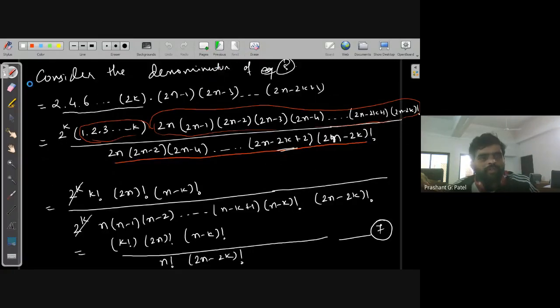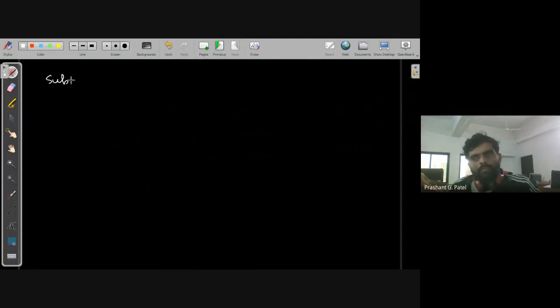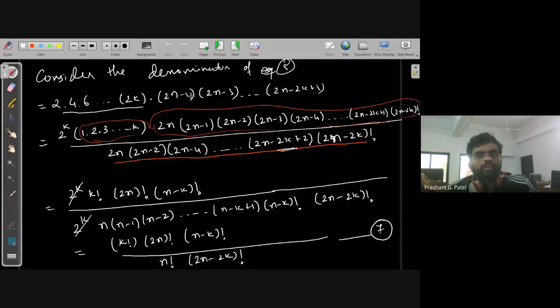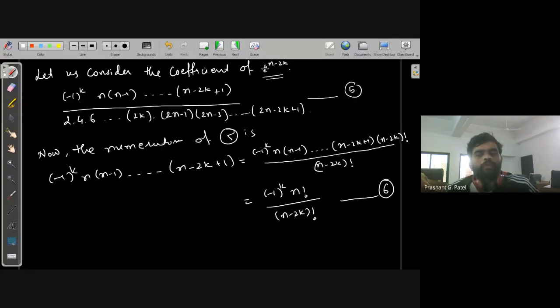So we can write, substituting the value of 6 and 7 into 5, we get the coefficient of x power n minus 2k, because that was the coefficient of x power n minus 2k.